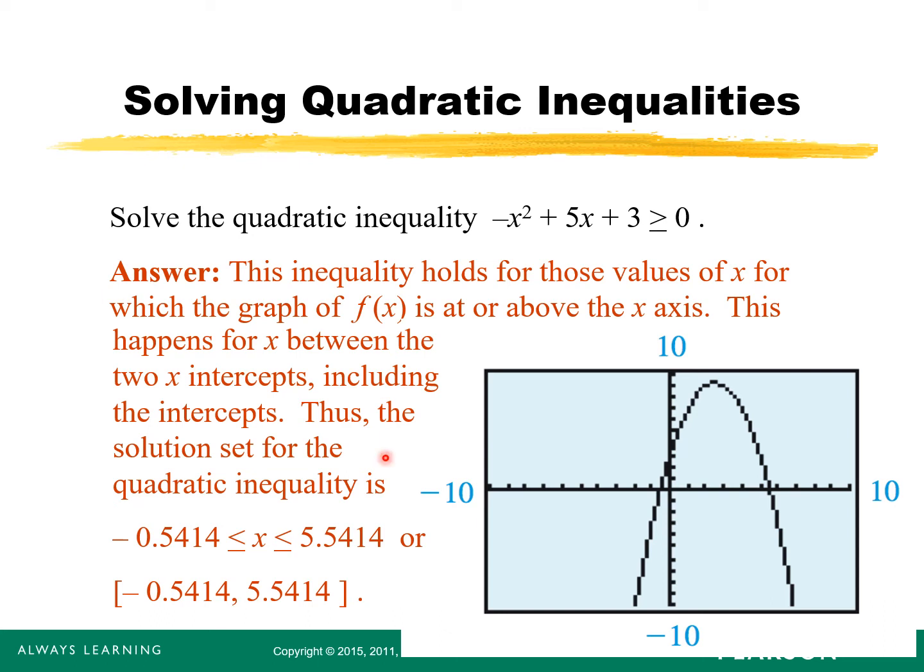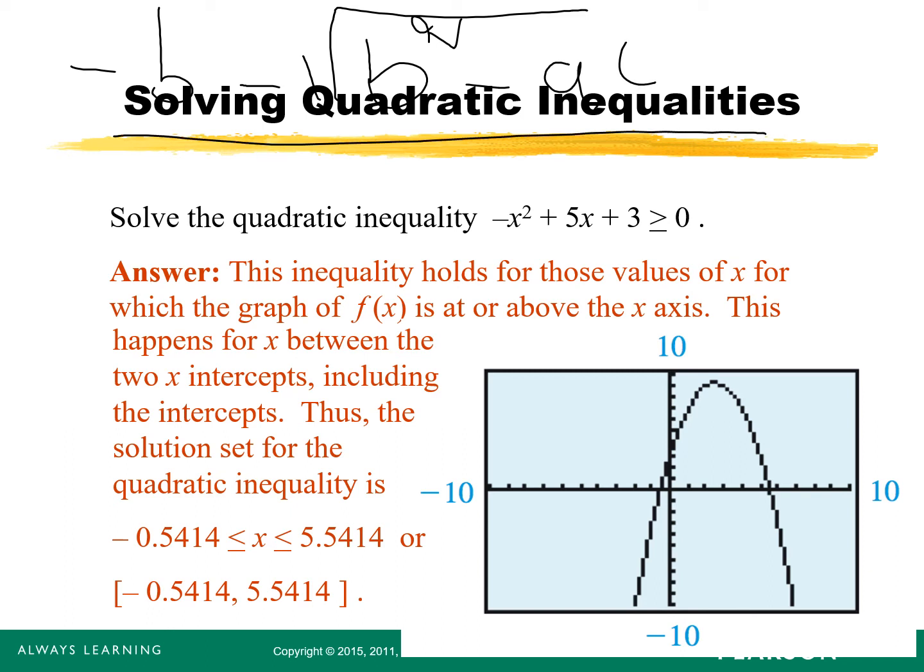We said that we have to use this rule, minus b minus or plus the square root of b squared minus 4ac, divided by 2a. We can find the roots here. Our roots are minus 0.5 and 5.5.